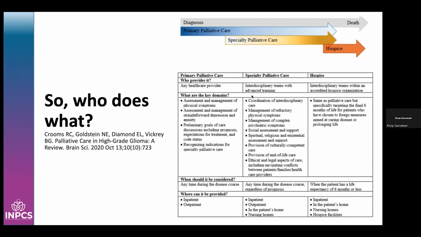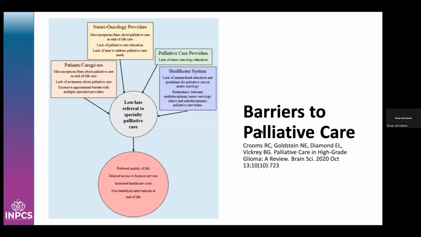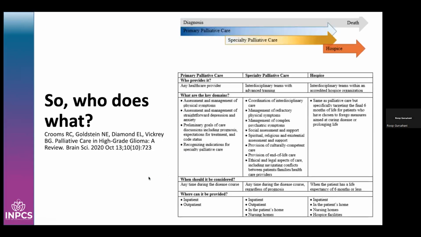Specialty palliative care usually is an interdisciplinary team, but otherwise is somebody who practices only palliative care. And here they come in for management of refractory physical symptoms, social assessment, spiritual assessment, end of life care, and so on.